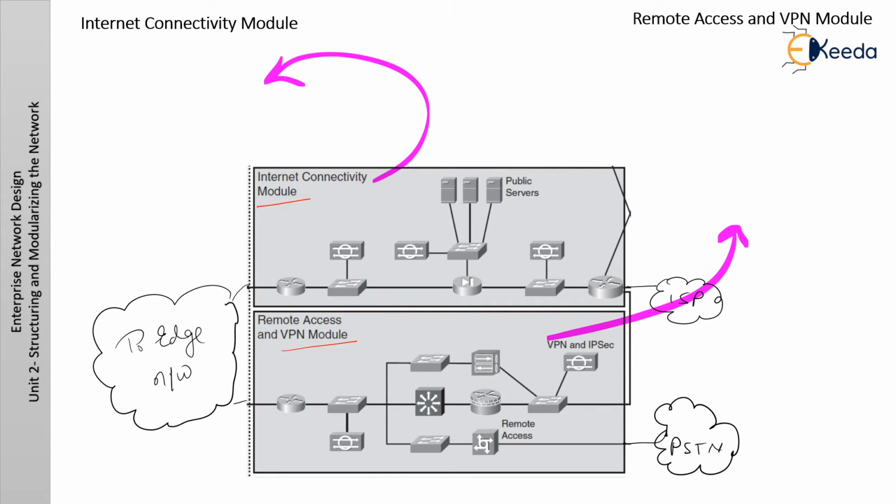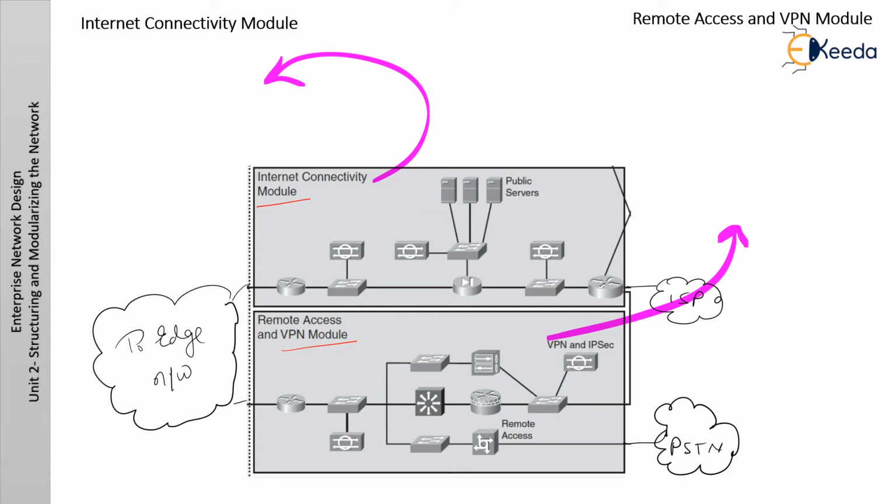Internet session initiation is typically from inside the enterprise toward the internet. Additionally, this module accepts VPN traffic from remote users and remote sites and forwards it to the remote access and VPN module where VPN termination takes place. The internet connectivity module is not designed to serve an e-commerce application.